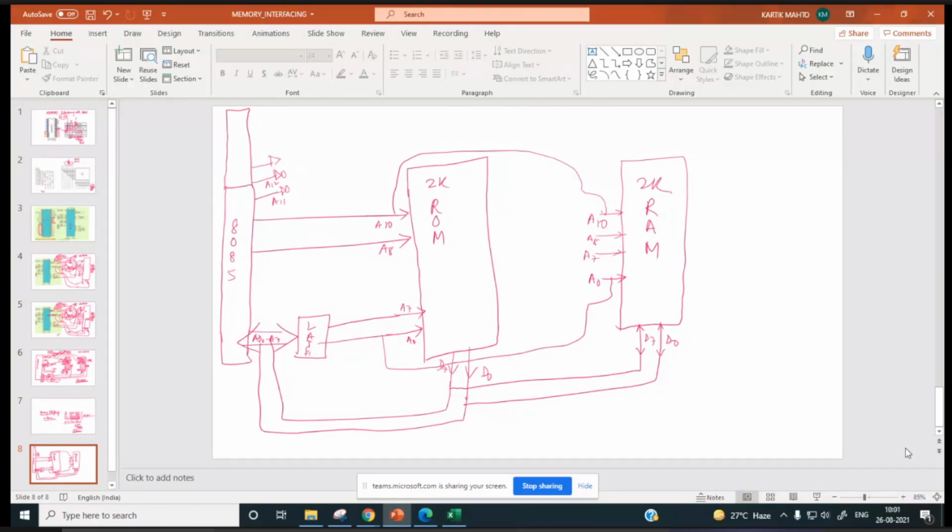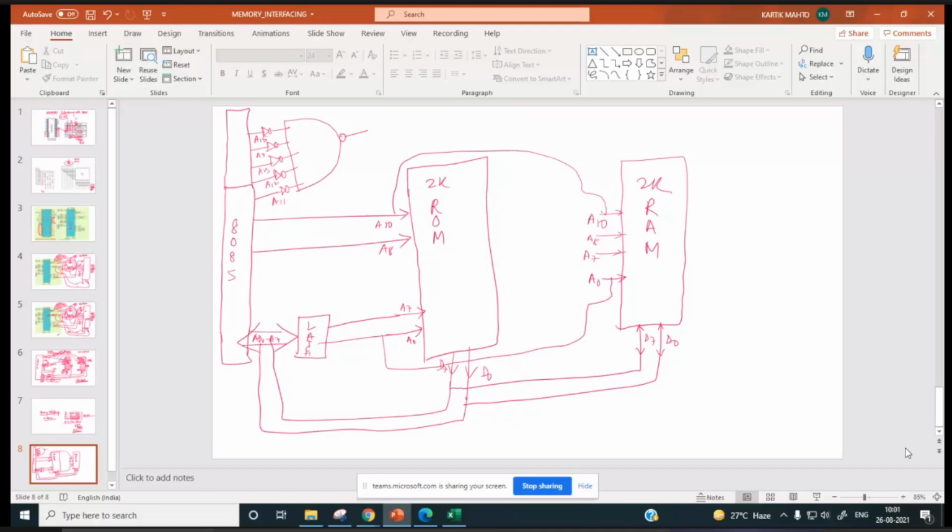If we invert this, A14. If we invert this, all are inverted, and all are applied to a NAND gate. This is A15.